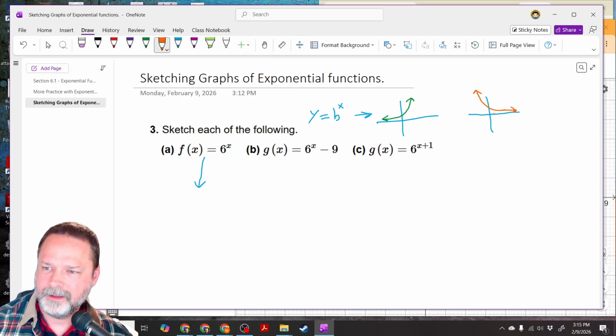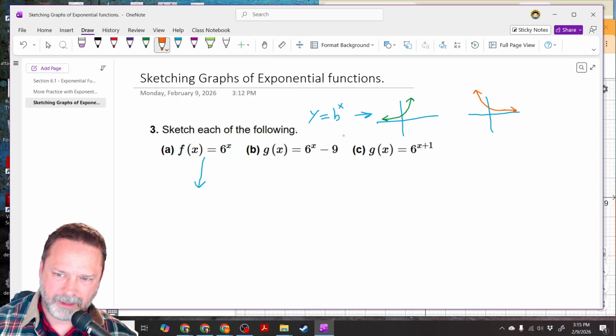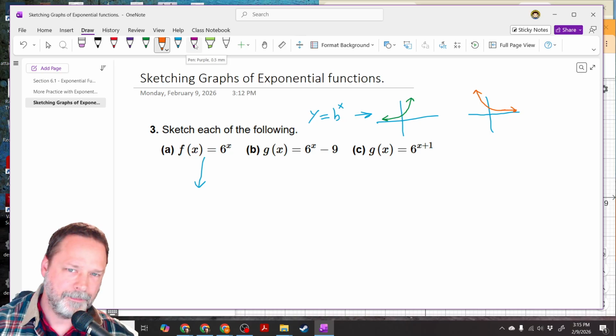Anyway, good enough. So they kind of look like this. They've got this little shape here. With any base, that's what they look like, generally speaking, depending on the base.